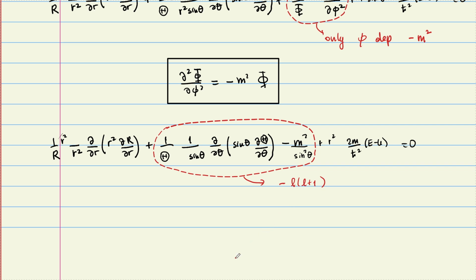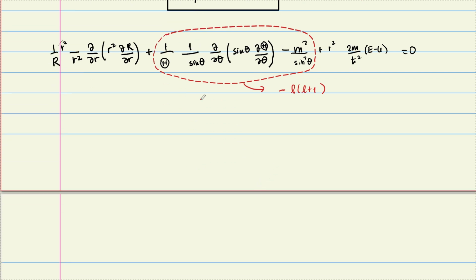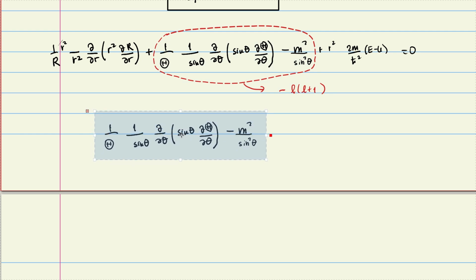Because I know the result, that's how we define it, but if you were doing it for the first time, you could just call it C, that's fine. But to speed up the result, I will call the constant this, because at some point I'm going to run out of constants to define. So this is going to be an equation for theta. Let's write it. This equation for theta is equal to minus l(l+1).